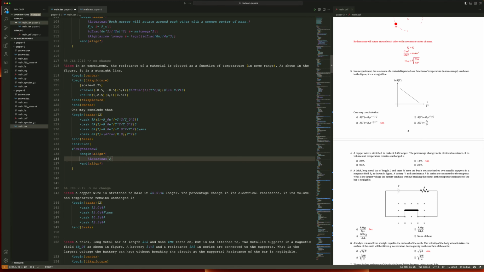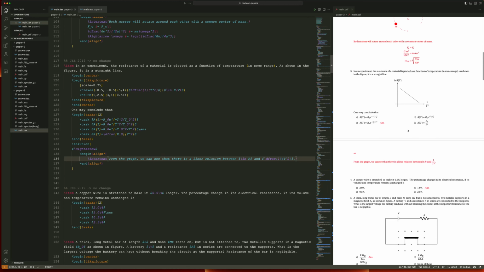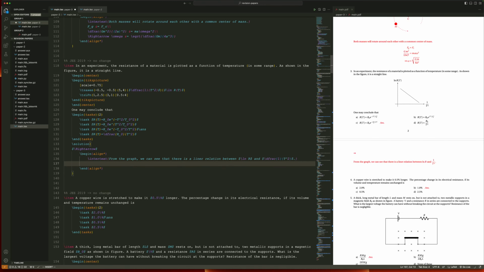So from the plot, from the graph, we can see that there is a linear relation between log R and 1 upon T square. Then we can start analyzing this linear part.